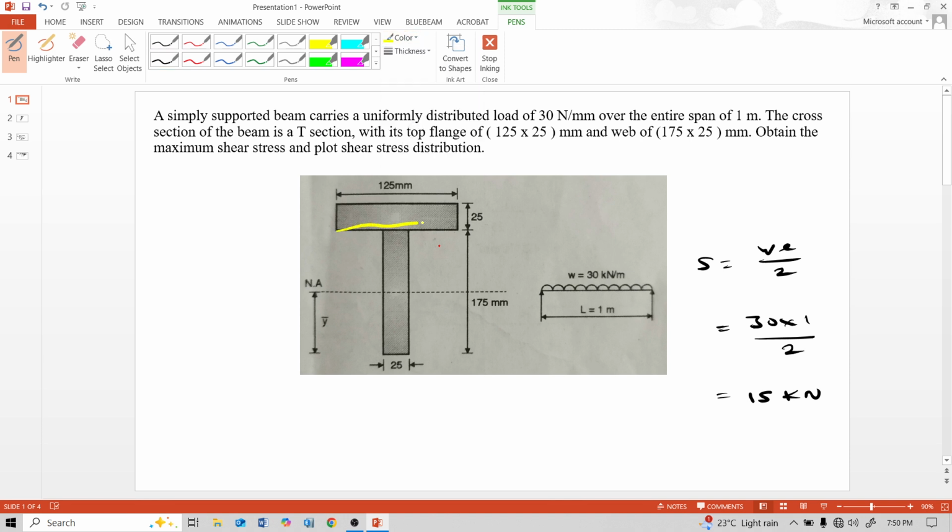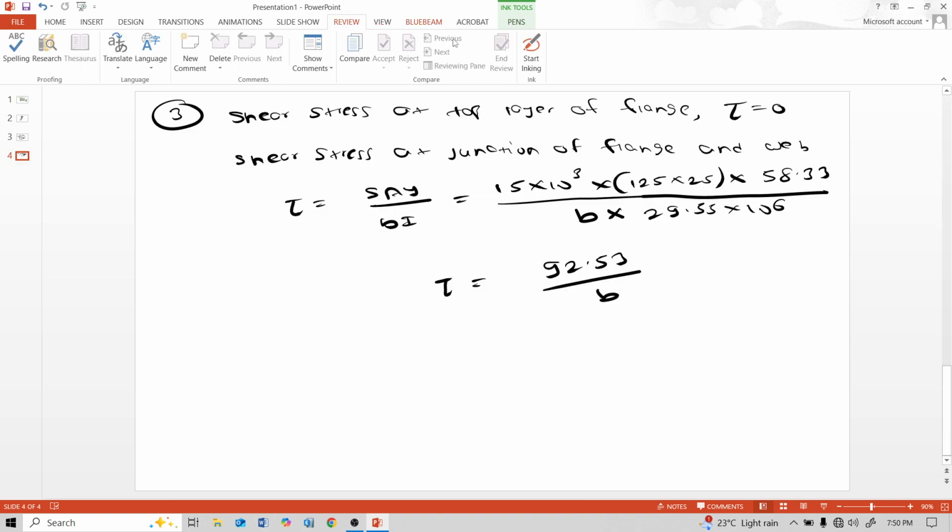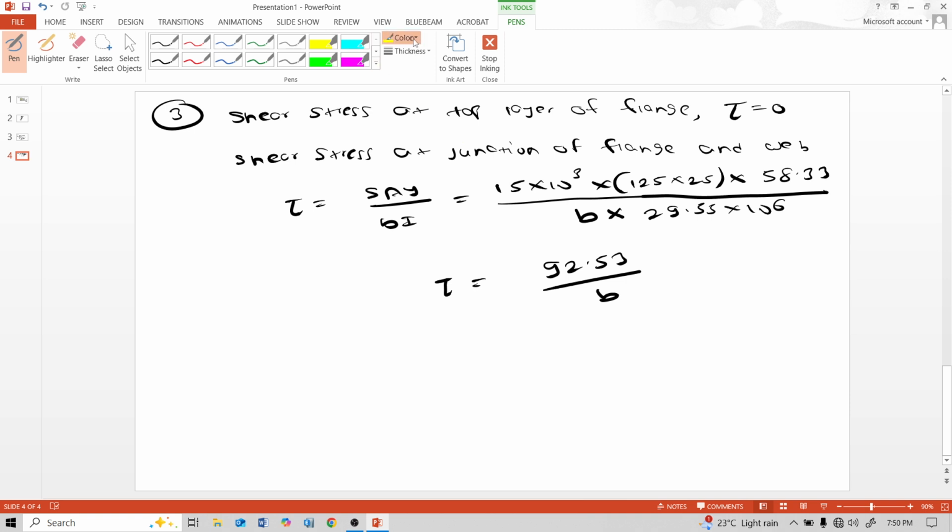One width is this 125 mm and one width is this 25 mm. So calculate for both of these widths. Let us consider B1 is 125 mm and B2 is the web portion width 25 mm.